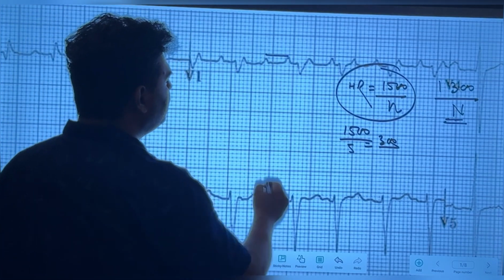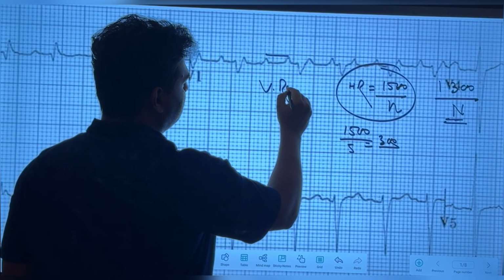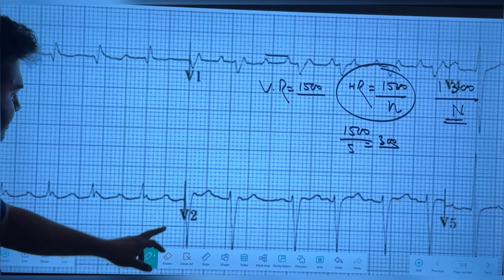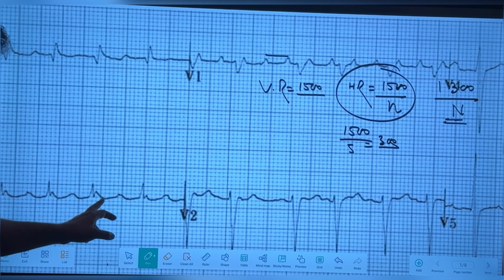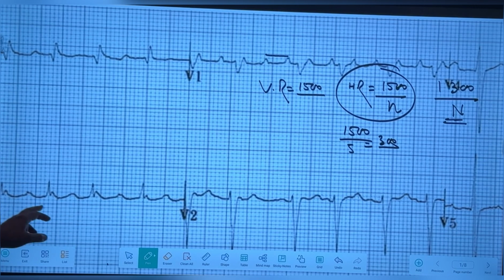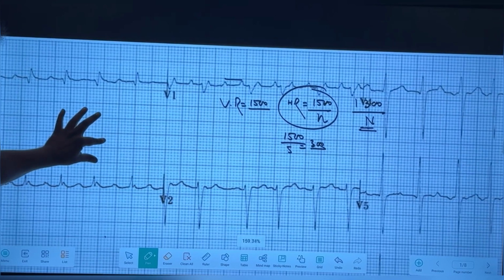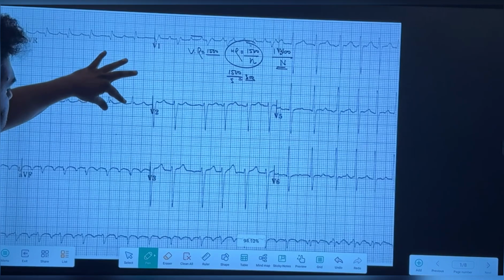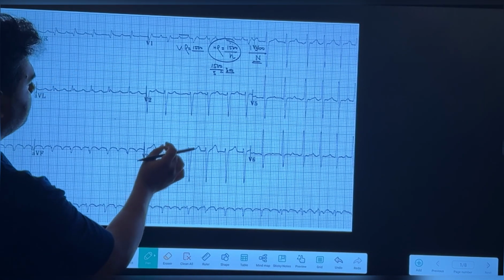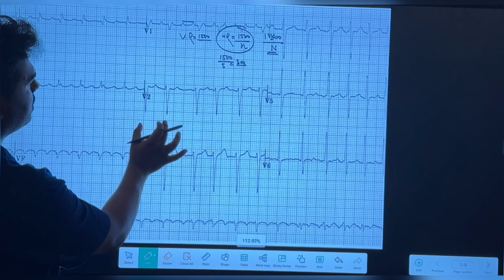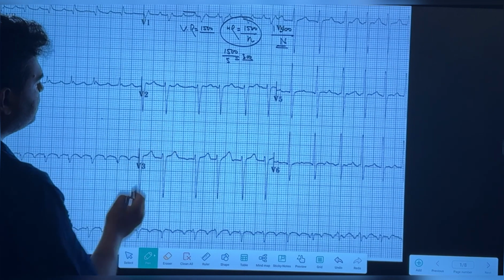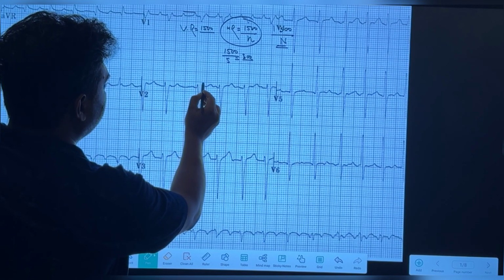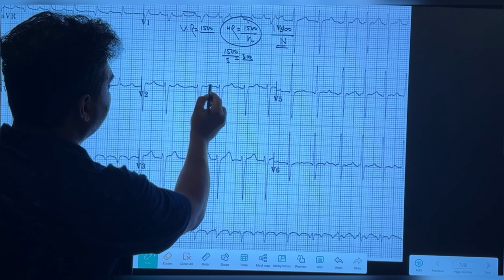Now we'll calculate the ventricular rate: 1500 upon n, the number of small boxes. So 1, 2, 3, 4, 5, 6, 7, 8, 9, 10.